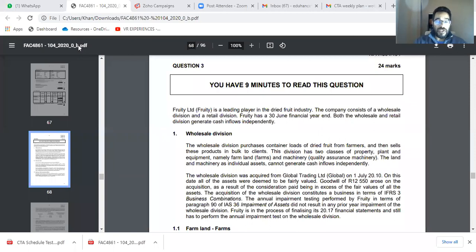So here is a good example: we must do impairment, and ultimately nothing is asking for impairment. They asked us for other comprehensive income, but the impairment line item is 20 marks out of the 24 marks. So what you're going to know is that through asking you for impairment, you must know everything else. So just be aware of all of that.